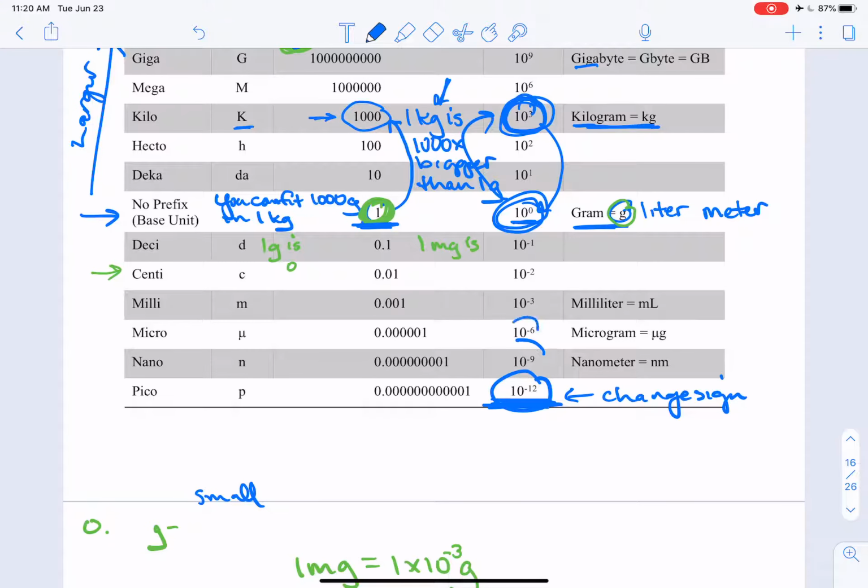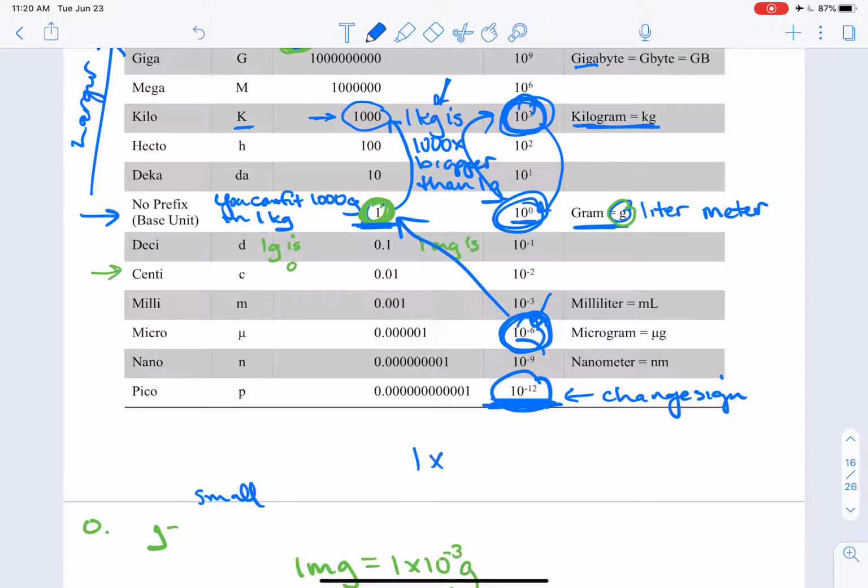micro right there, this -6 is saying that 1 times 10 to the -6, that's that tiny little portion of a meter. So if you have a microgram, it is this tiny portion of a gram. So you can fit a whole lot of those tiny little micrograms into a gram. And how do I figure out how many micrograms I can get in a gram? Well, I just switch the sign on that exponent there.